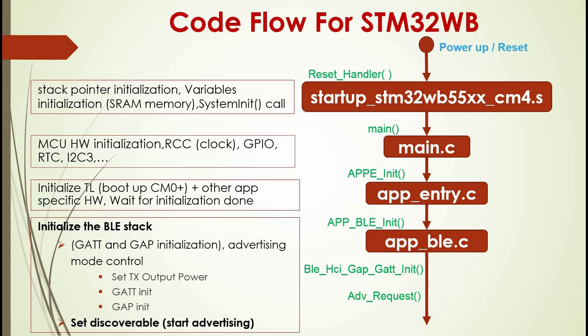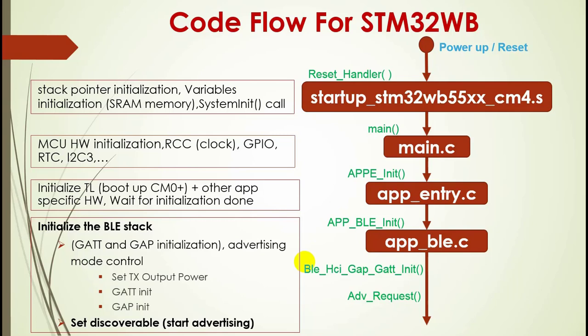It will call the APP_BLE_Init function in this file, where it will do GATT and GAP initialization. It will set the advertise mode control, set the transmit power, and also set the device as discoverable. We will see all these functions and this code flow inside the code itself.